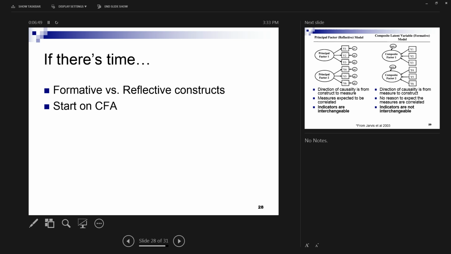You're welcome. Yes? There's one question real quick. When we remove one of the items, do we have to mention the reason why we removed the item? Yes. If you remove items during the EFA, you need to say why. Usually, the most common reasons are poor loadings, it didn't load, or cross-loadings were too strong.